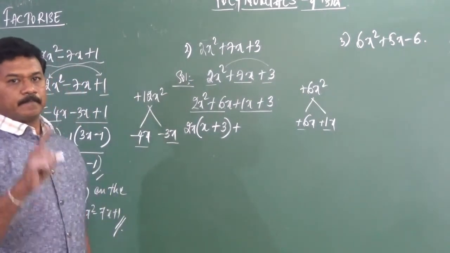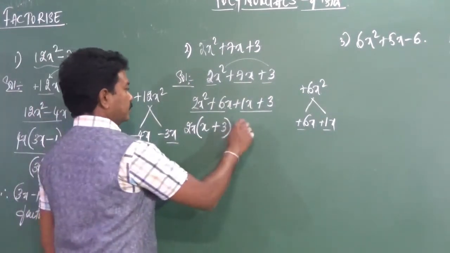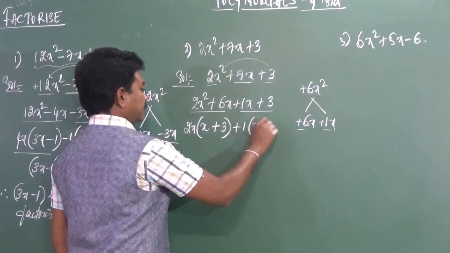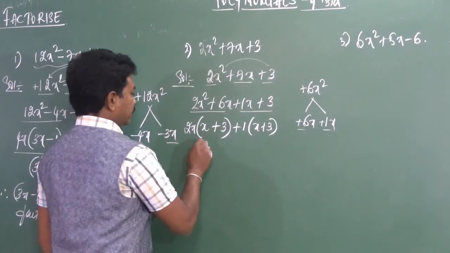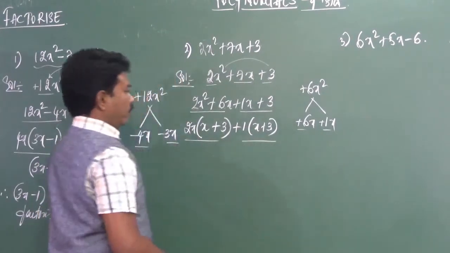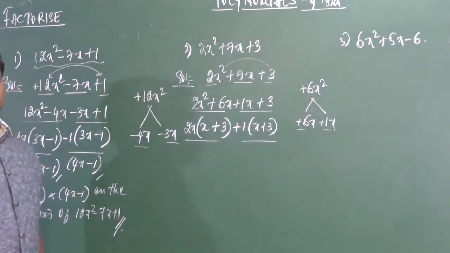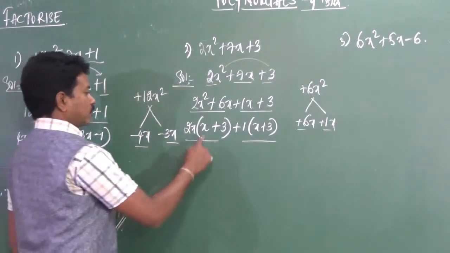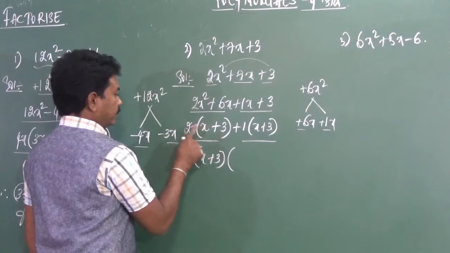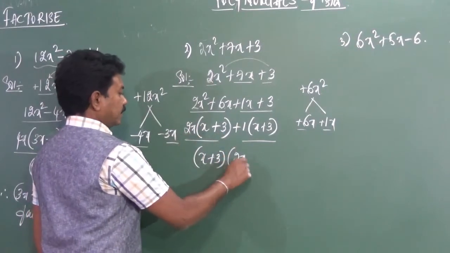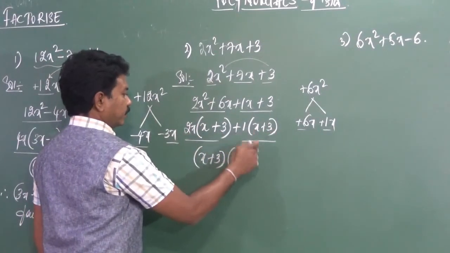Plus, in these two terms we don't have anything common, therefore we can take 1 as the common there. So 1 into x plus 3. So 1 into x is 1x, 1 into 3 is 3. So out of these two terms again, what common we are going to get? We are going to get x plus 3 as common. So when we take x plus 3 as common, in this term we are left with 2x and in this term we are left with plus 1.